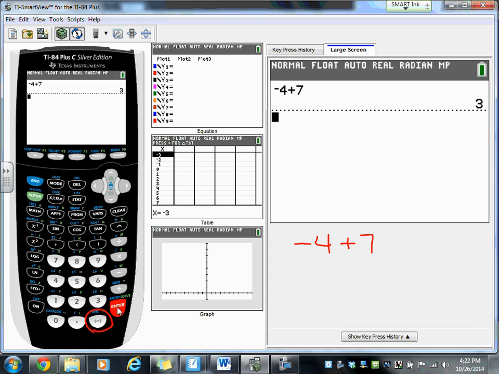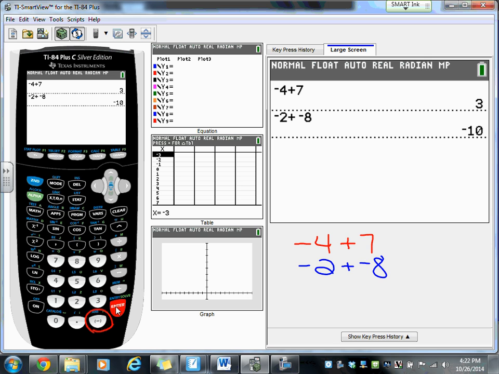If we want to do negative 2 plus negative 8, we would hit our negative key with our 2 plus negative again 8 and then enter, and that equals negative 10.